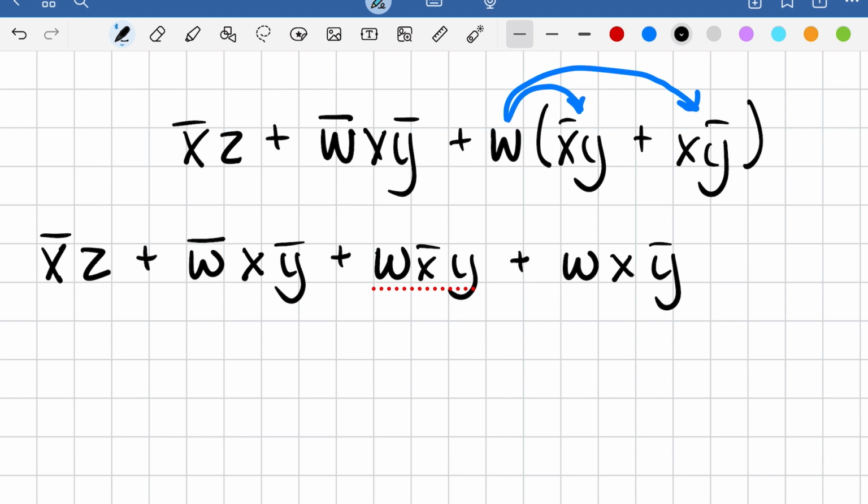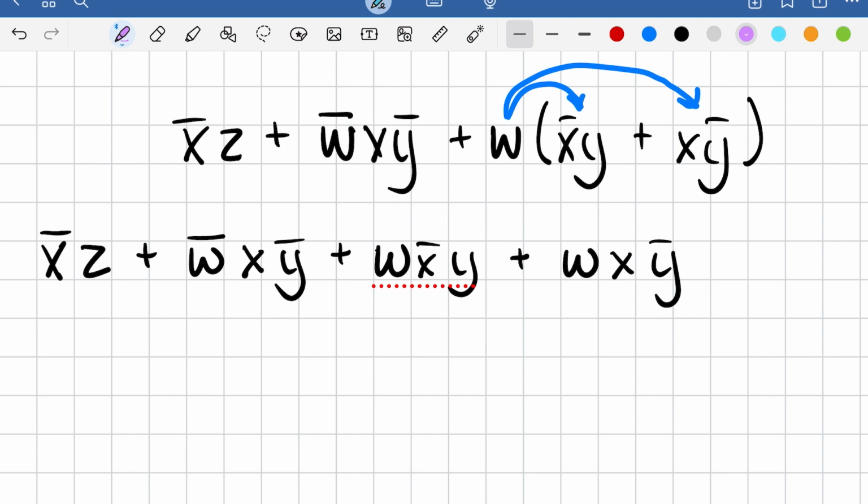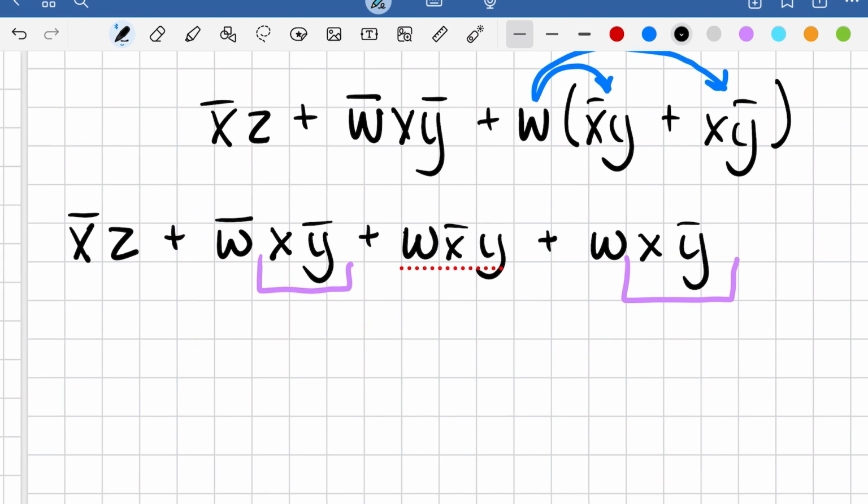Now I'm going to look at, do they share anything in common? And if they do share it in common, I want it to be in common across multiple of them. So I can see across these two, I share an xy prime here and xy prime there. So I'm going to start with that, and we're just going to pull that out and see what happens.